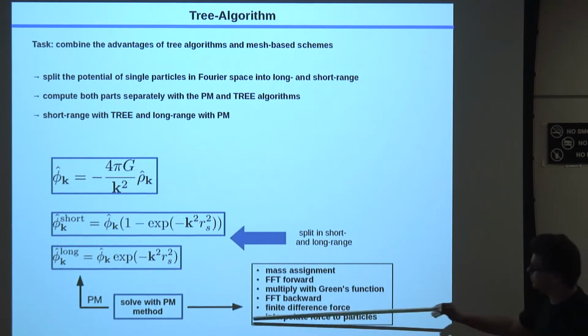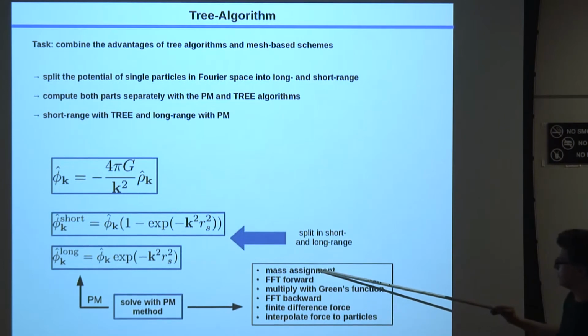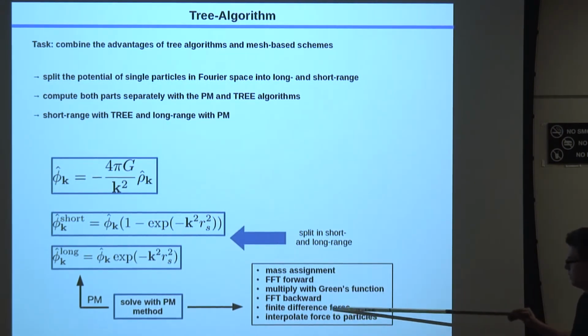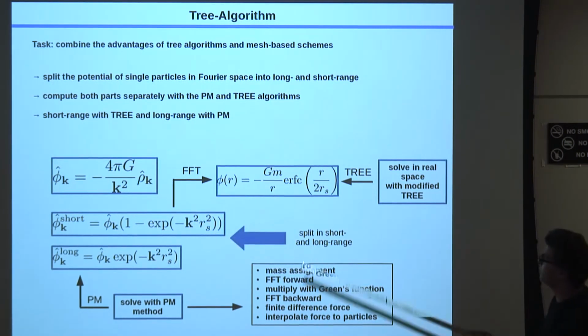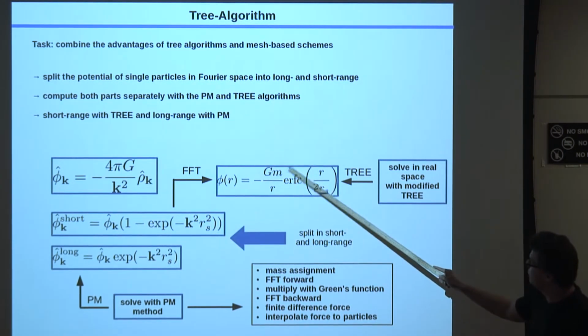And the PM works as before. We do the mass assignment, the FFT forward, we multiply with the Green's function, the FFT backward, do finite differencing, and then we interpolate the forces, exactly as we said before. And this thing here, we do in real space, essentially.